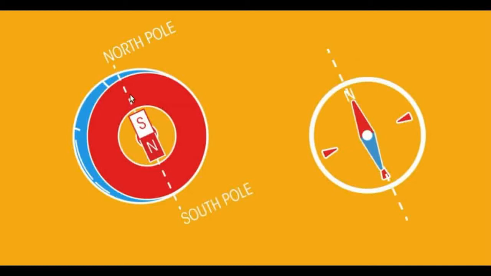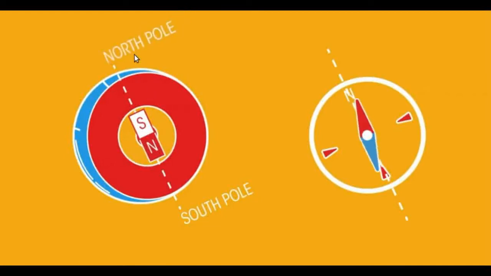That is the concept, and this is the axis of that huge hypothetical bar magnet, and this is not the axis of rotation of Earth. In other words, the axis of rotation of Earth and the axis of this bar magnet are different.